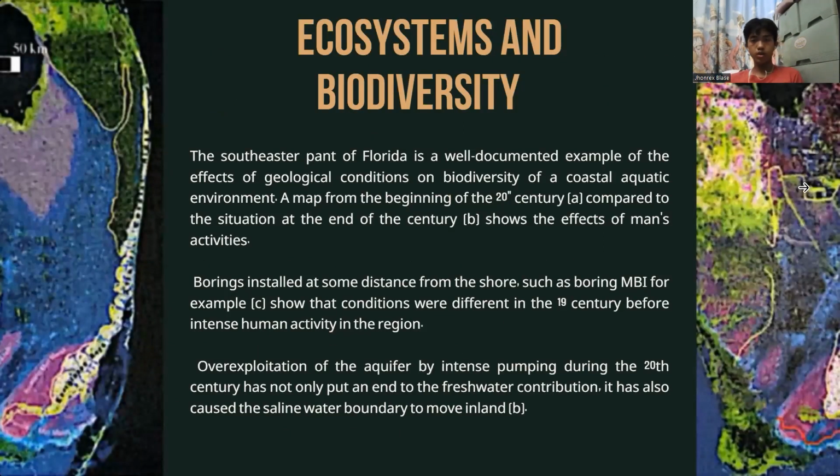So, ecosystem and biodiversity. The southeastern part of Florida is a well-documented example of the effect of geological condition on biodiversity. So, a coastal aquatic environment, a map from the beginning of the 20th century compared with the situation at the end of the century, shows the effect of human activity.